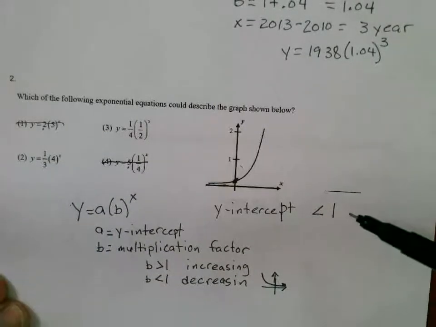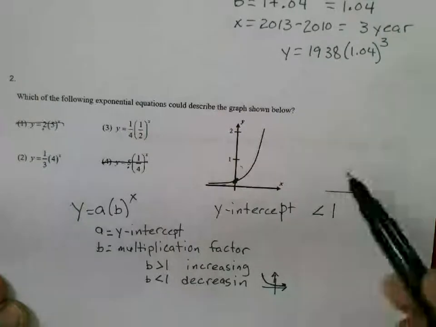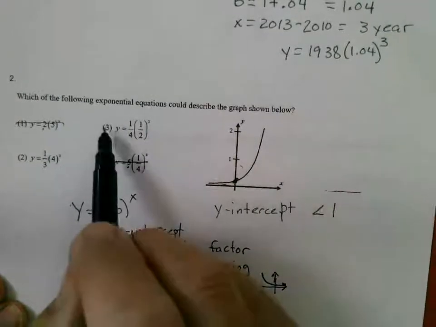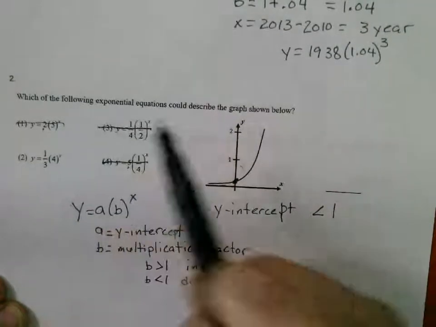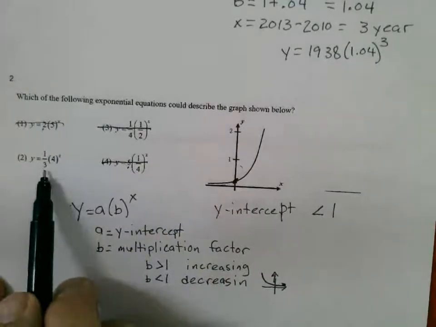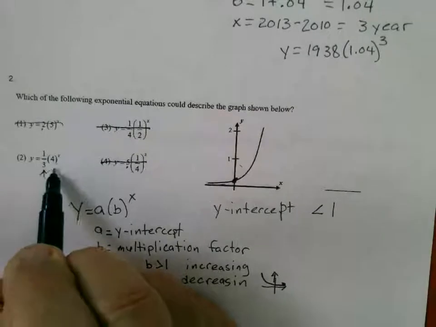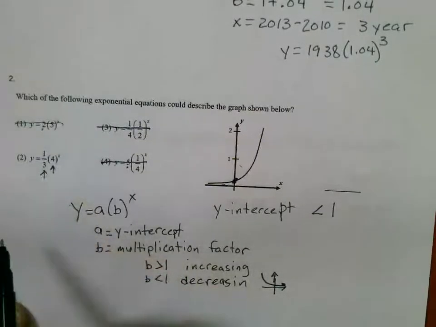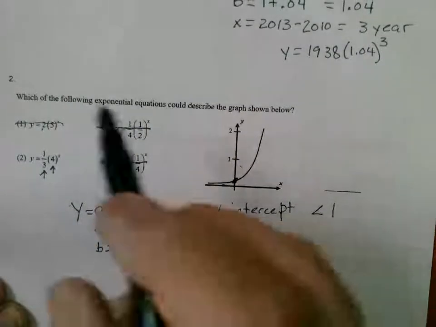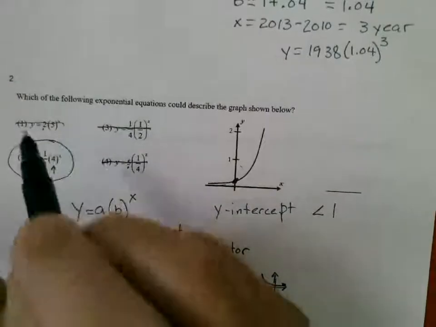And then we also have increasing, so it can't be a fraction, so it can't be 3. So the only one that has both a fraction as the y-intercept, which is 1/3, and a number greater than 1, which makes it increasing, is number 2. All right.